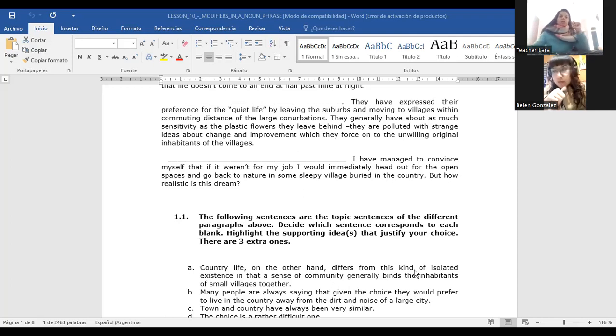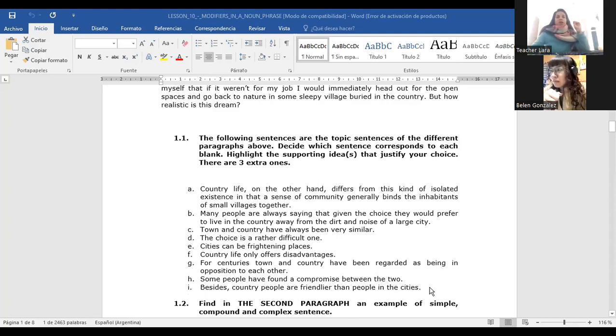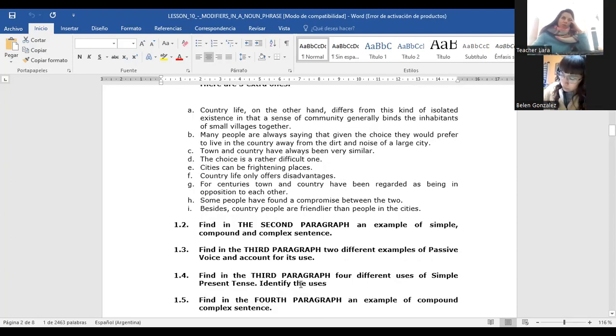So if you can do at least this first activity as homework: the following sentences are the topic sentences of the different paragraphs above. Decide which sentence corresponds to each blank. Highlight the supporting ideas that justify your choice, and there are 3 extra ones. So this is for homework, okay? We are not going to do this now, but it's a great opportunity to practice a lot.